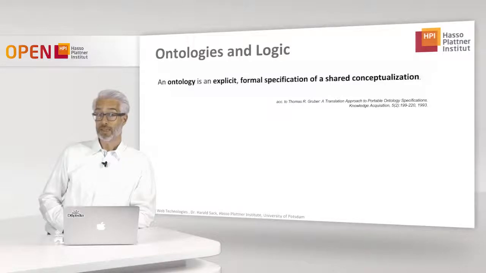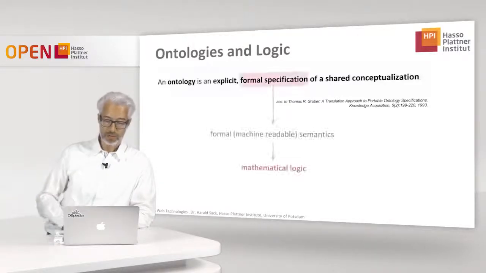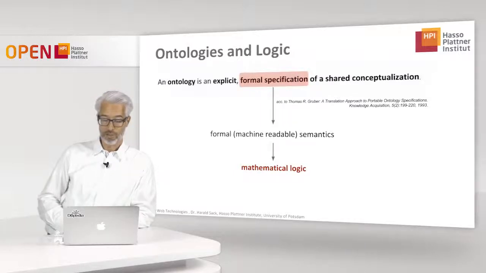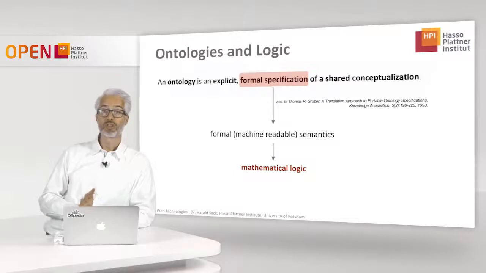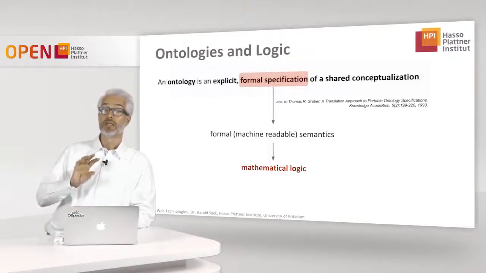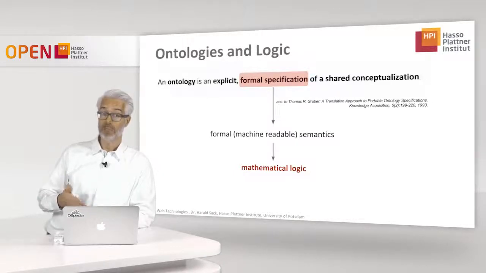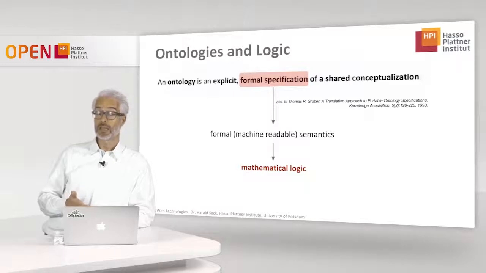And besides all the other terms, the formal specification is really important, because this means we have a formal machine-readable semantics, which is expressed with the help of mathematical logic. So today, we want to recapitulate the foundations of logic and why it can be used for exactly that purpose.